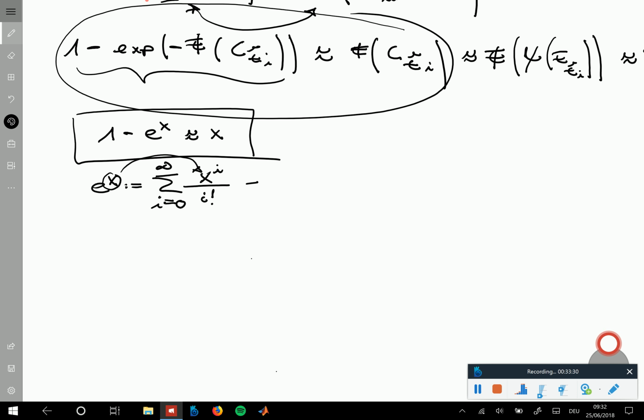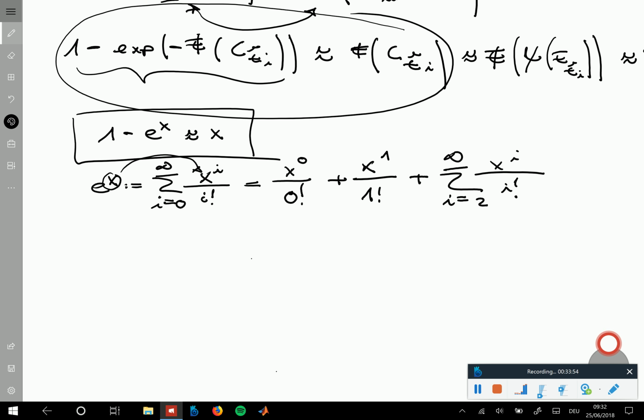And if you think of the first two terms, this is of course x to the 0 divided by factorial 0, plus x to the 1 divided by 1, plus the remaining terms, and there are many because you go from 2 to infinity.